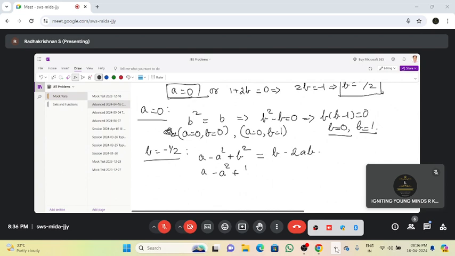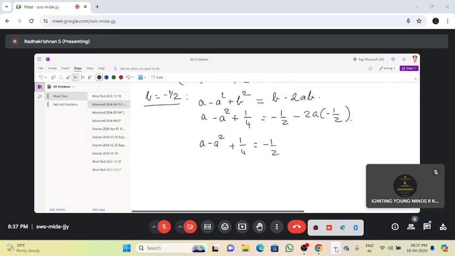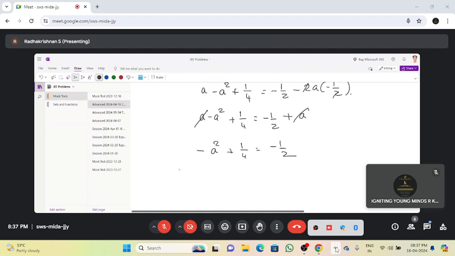So minus a into minus 1, so it is plus a. This plus a gets cancelled out. So what do you get? a square minus a square plus 1 by 4 equal to minus half. So a square equal to 3 by 4. That means a equal to plus or minus root 3 by 4.